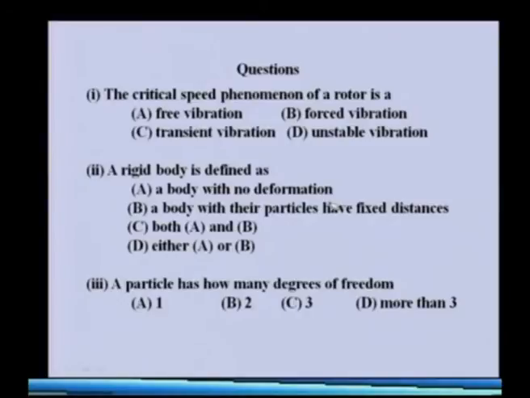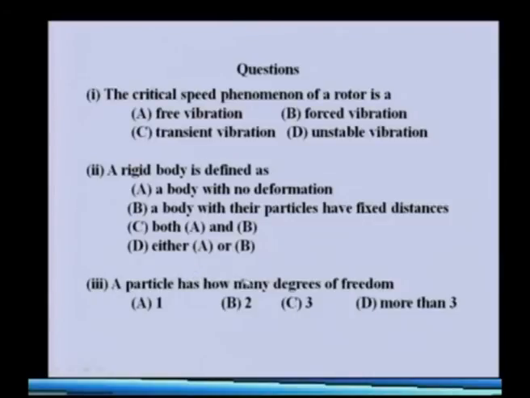If we consider, let us say, two particles in a body, and the distance between them does not change during motion, that means we can consider that body as rigid. So, we can see that both options A and B are correct, but the last option is not correct. Apart from this, now let us see the particle, because a rigid body and a particle are compared here, and a particle has as such no dimension.